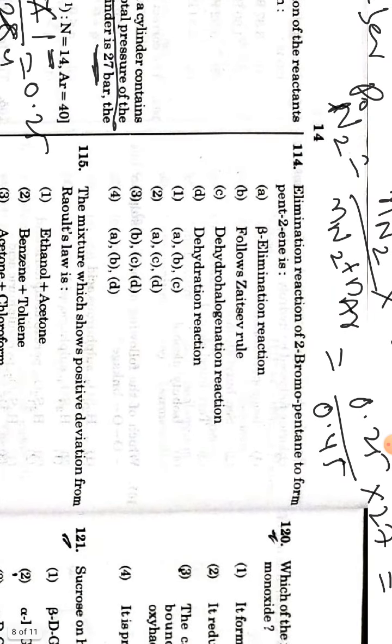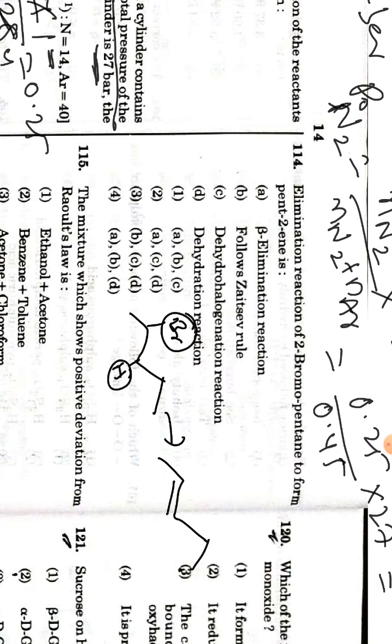So elimination reaction of 2-bromopentane to pent-2-ene is an example. See, it is a beta elimination. First one is dehydrohalogenation. It follows Zaitsev rule, and it is a beta elimination, so it is not considered as a dehydration. Eliminate the D option, you will get ABC.